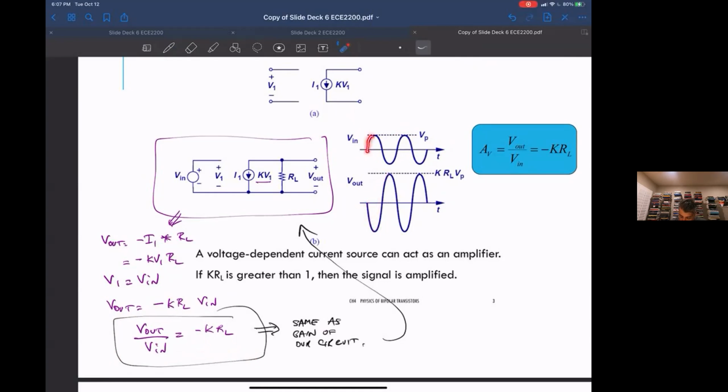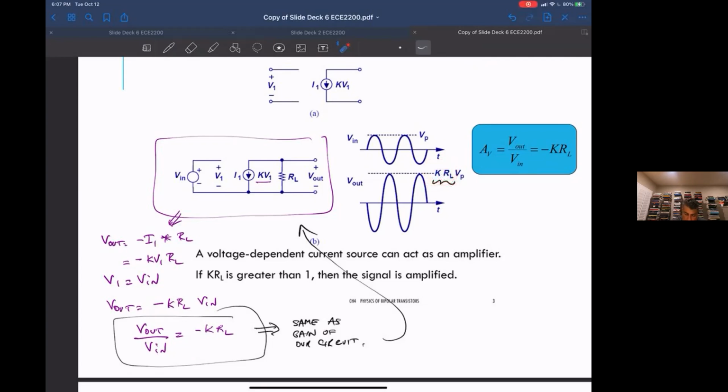So when Vin's going positive, V out's going negative, and it'll have some gain K R sub L. K is a constant and R sub L is a constant, so this will make some amplitude.